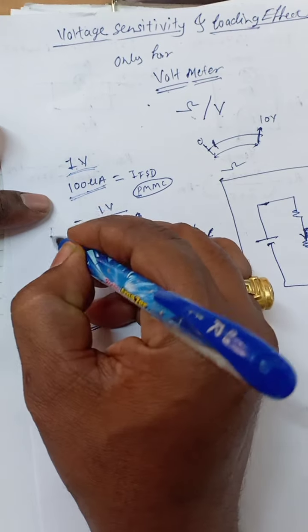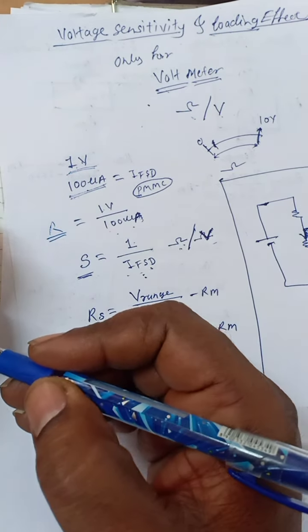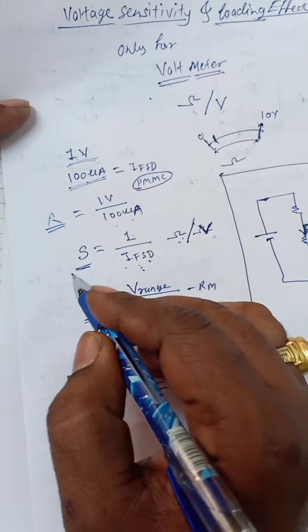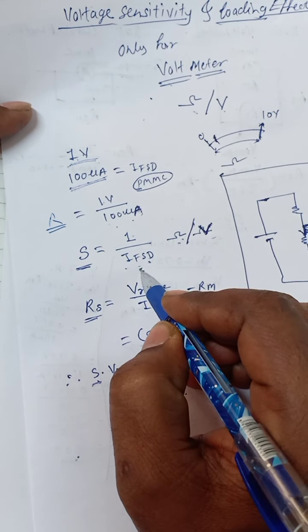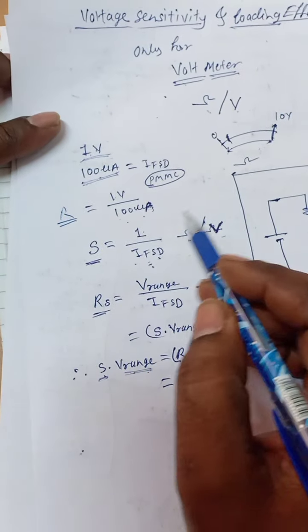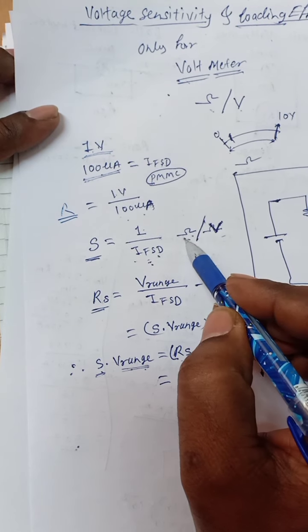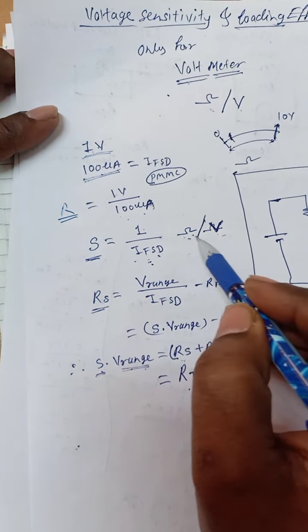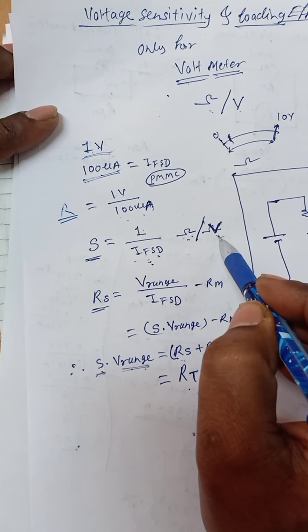So this is nothing but the resistance of the meter. So S equals 1 upon IFSD, which is ohm per volt. Sensitivity has the unit ohm per volt.